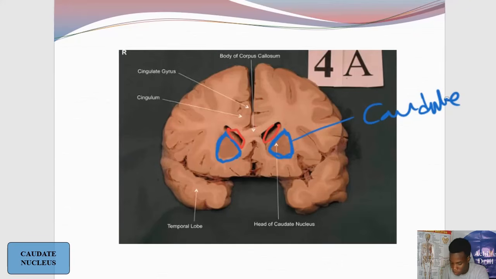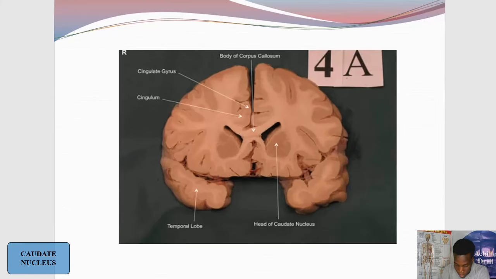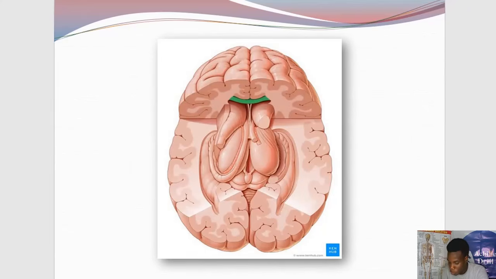The caudate nucleus. I don't know if you checked out my video on some common neuroanatomy steeplechase questions associated with the mid-sagittal section across the brain; you will very much remember this picture. We did explain the fact that the caudate nucleus are these two structures right here. It's not just in one place.